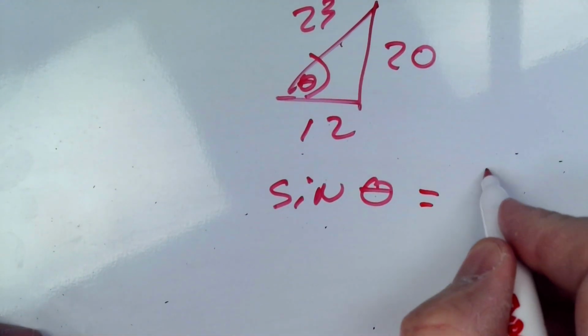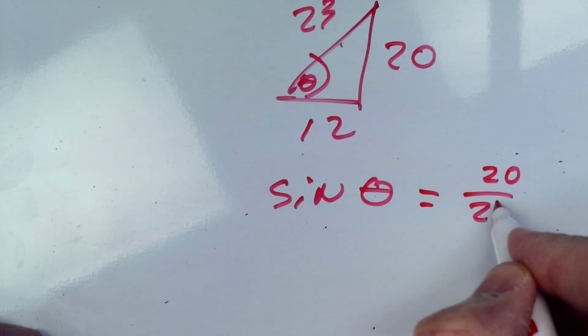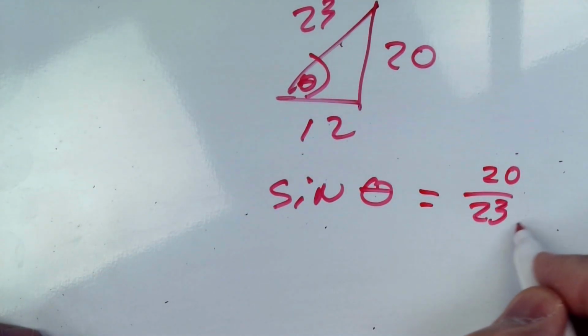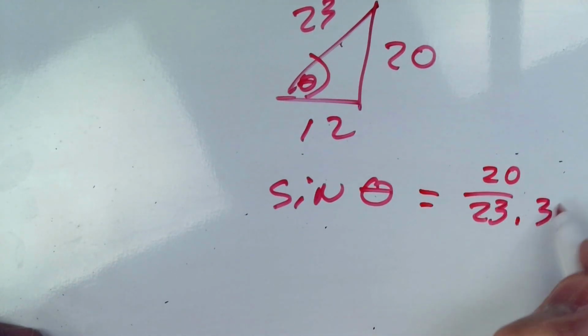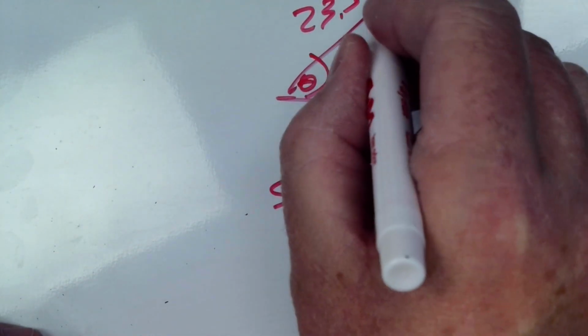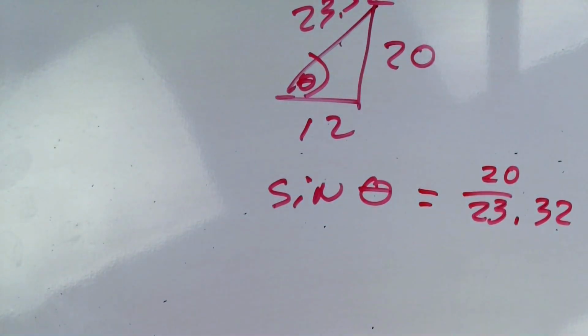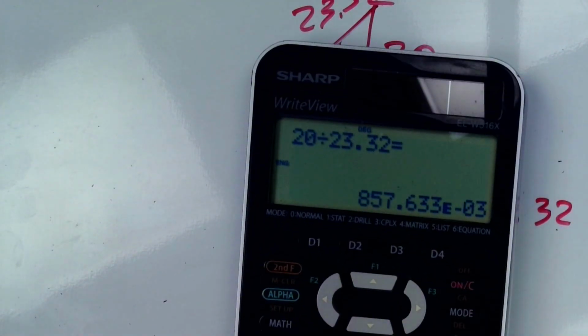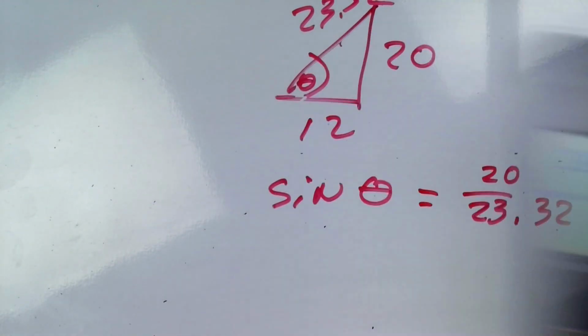So this is going to be opposite over 23.32. So if I take 20 divided by 23.32, I end up with a sine of 0.857.